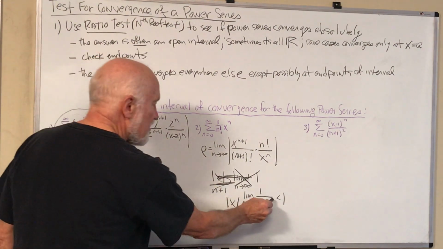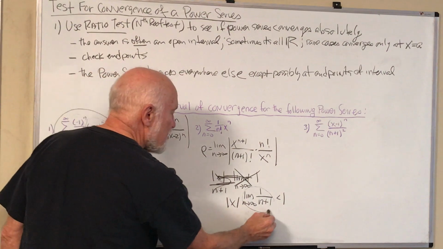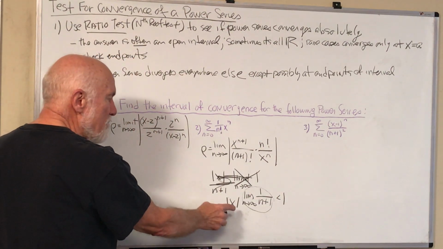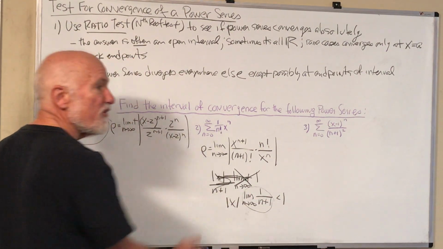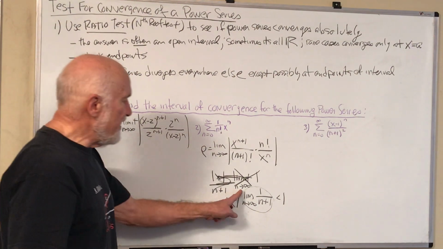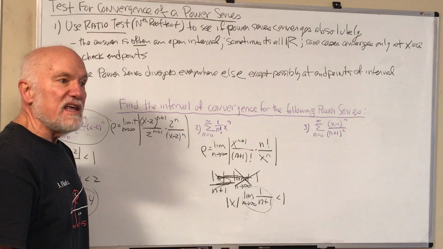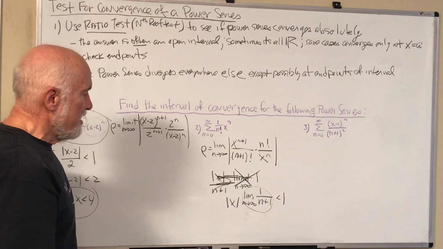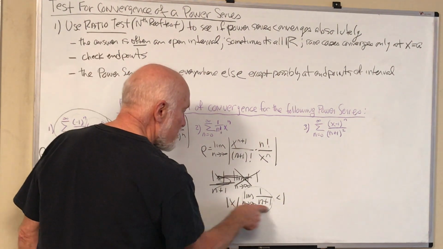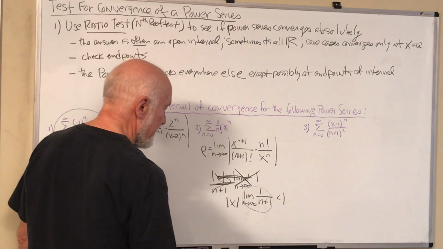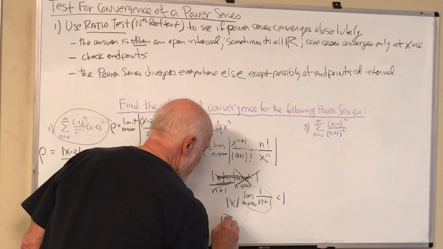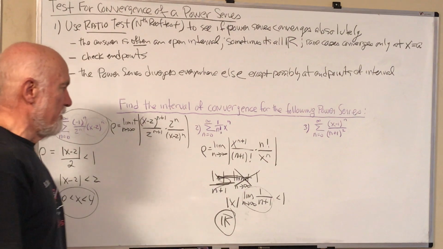Well, what about this limit? It's going to 0. So even if I picked 1 billion for x, 1 billion divided by n plus 1 as n approaches infinity is going to go to 0. So that means for all values of x, this is going to be less than 1. So it converges for all real numbers.